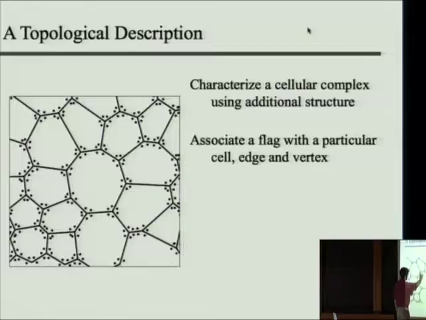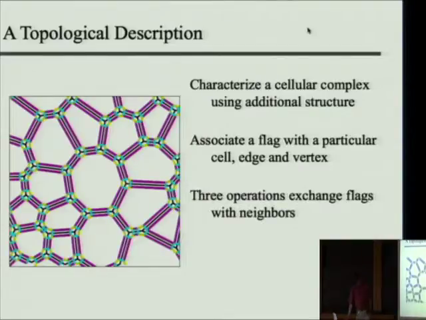So this one is associated with this vertex and this edge and this cell, which is why it's close to that vertex and close to that edge and close inside that cell. So you have 6 of these around every one of these vertices. And then we put down operations that bring you from one flag to another flag. So for every flag, one of the advantages of this is every flag looks the same when you're sitting on top of it.